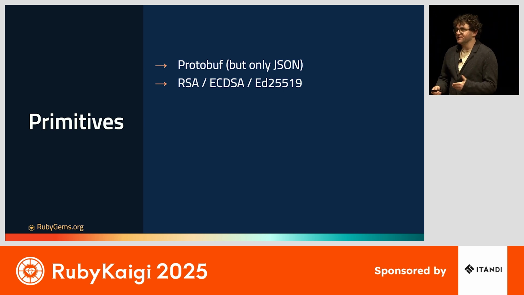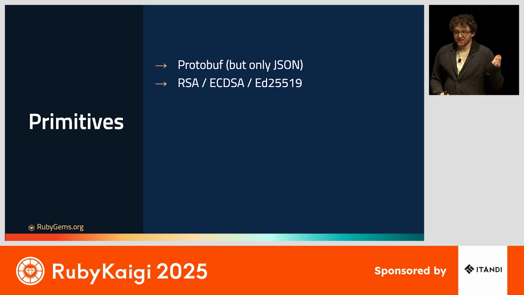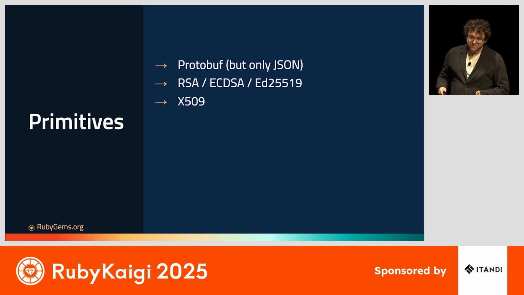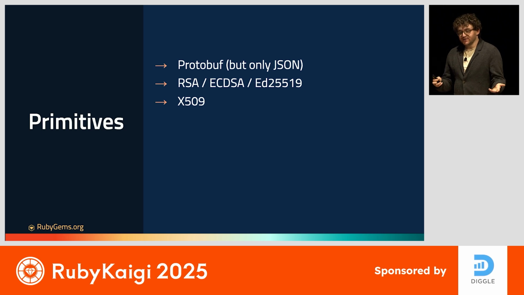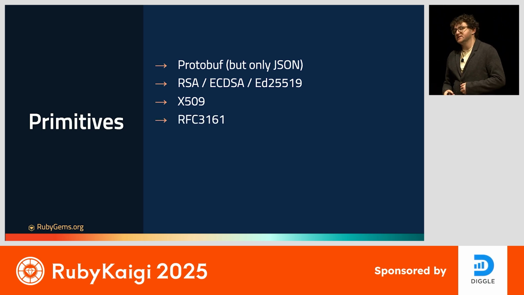You need support for different cryptographic signing algorithms. Just what's required by the specification is RSA, elliptic curve DSA, and ED25519. You have to support X509 signing certificates, RFC 3161 signed certificate timestamps. I'm pretty sure that RFC is signed certificate timestamps. If anyone knows off the top of their head that I am wrong, congratulations, I'm sorry you know that off the top of your head.